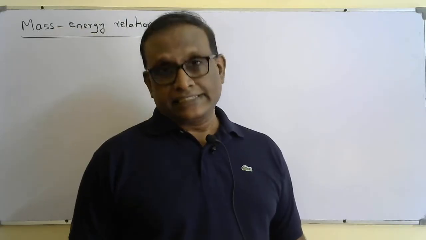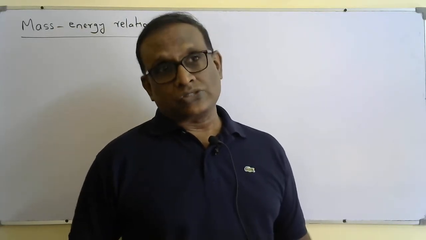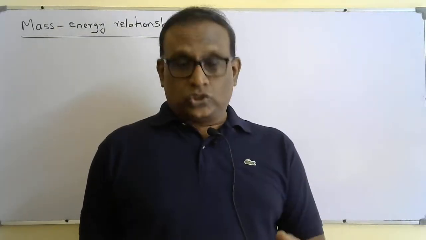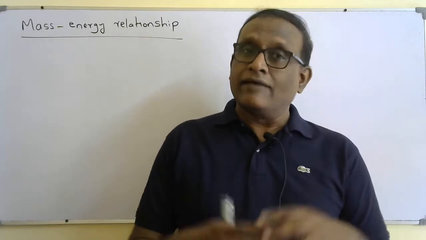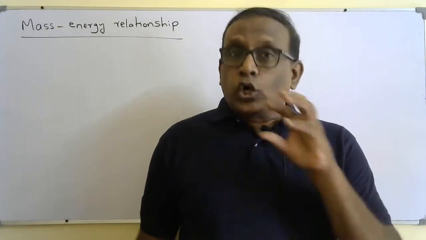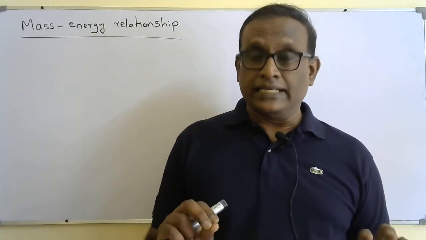Also, when we think about binding energy, the total mass of the nucleons matters. When you consider a nucleus, there will be protons and neutrons. Protons and neutrons are nucleons. So when you compare the total mass of the nucleons with the mass of the nucleus, what happens?